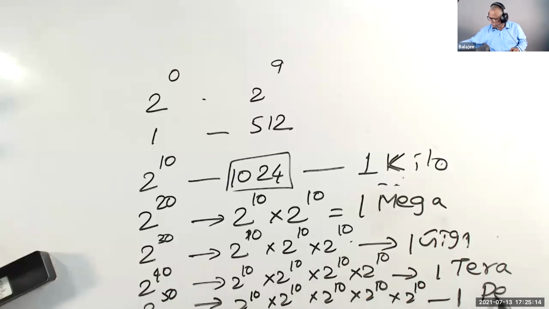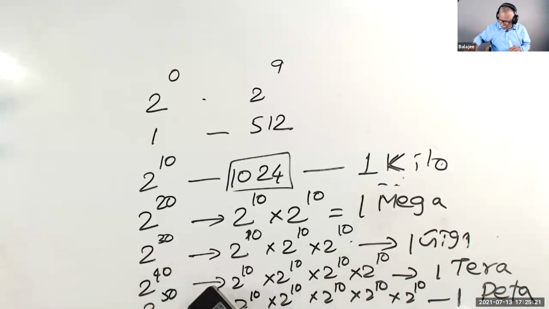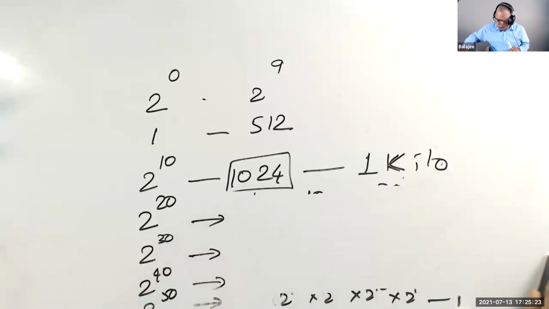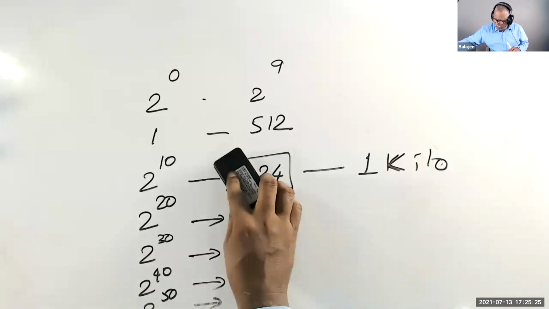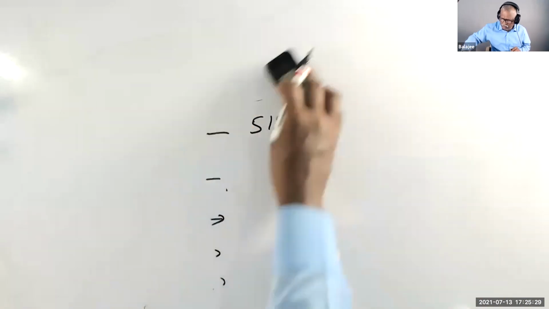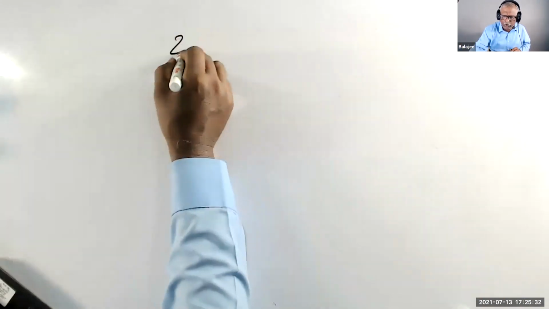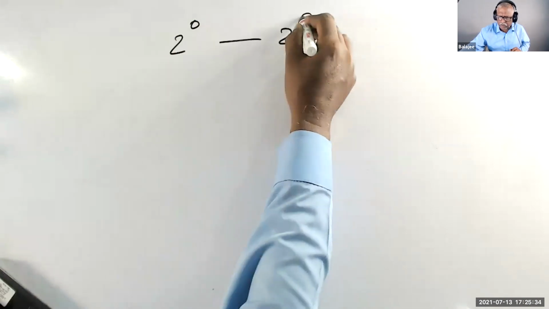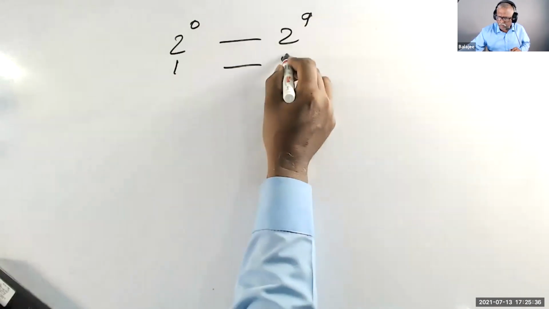Forget about that. So normally, let us write out all these things. You remember from 2 power 0 to 2 power 9, that is 1 to 512.